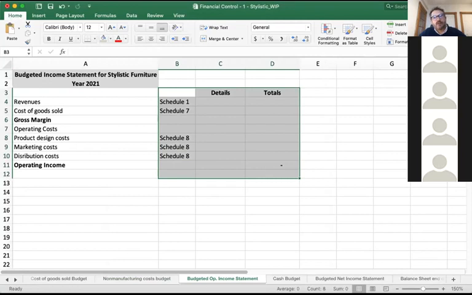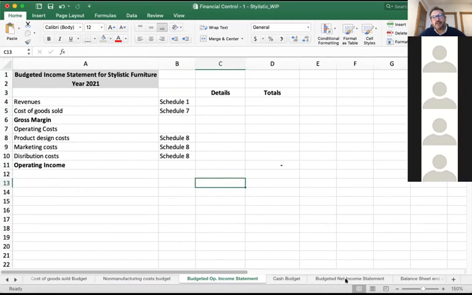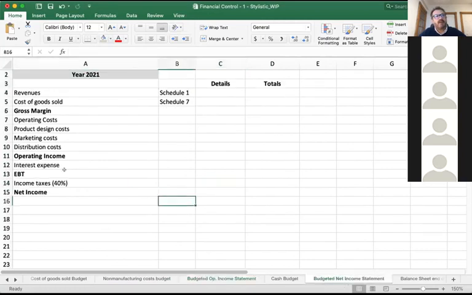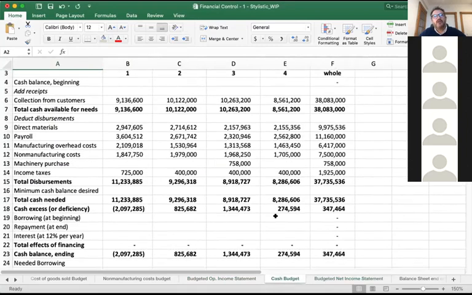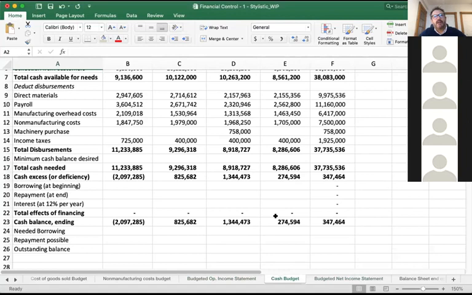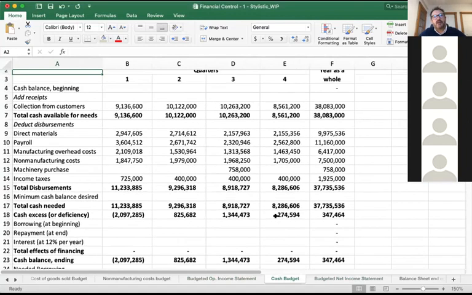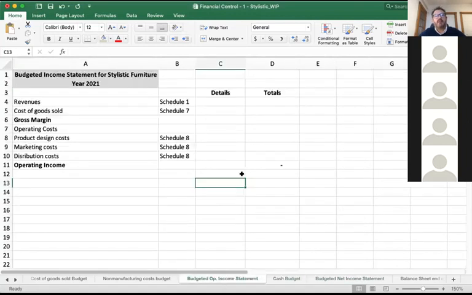We get two income statements to do: the operating income, and then later on we do the net income. The difference between the two of them will be interest expense. And you remember in the Gordon case, to do the interest expense, we need to do the cash budget first. So step by step. So please do the operating income statements. I'll let you 5 minutes.